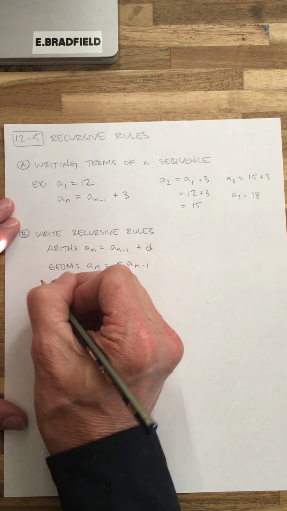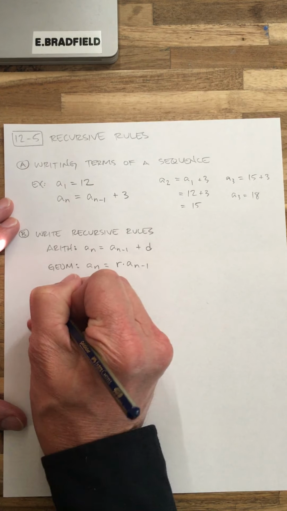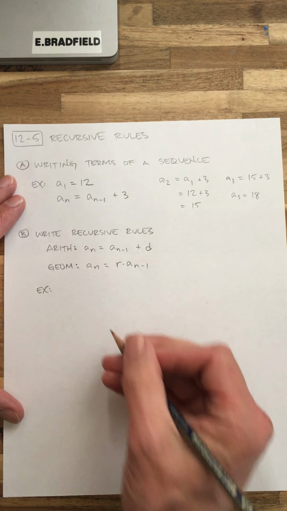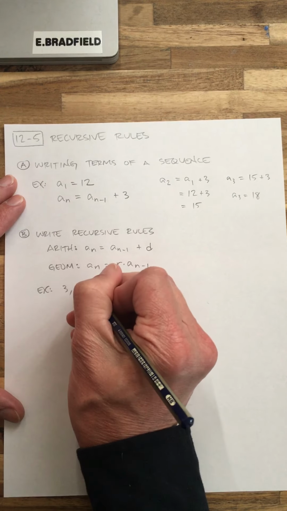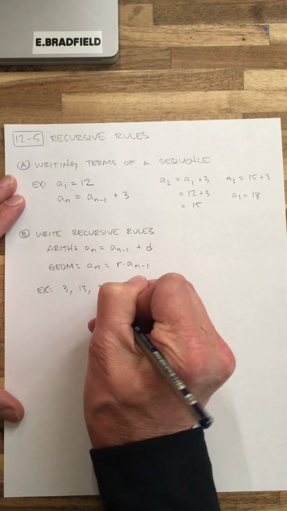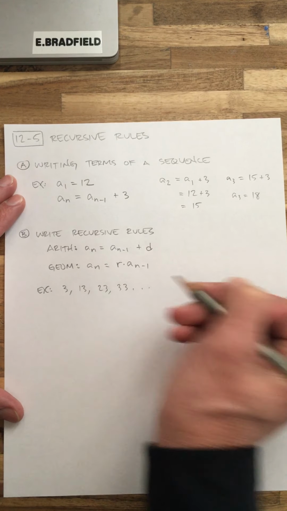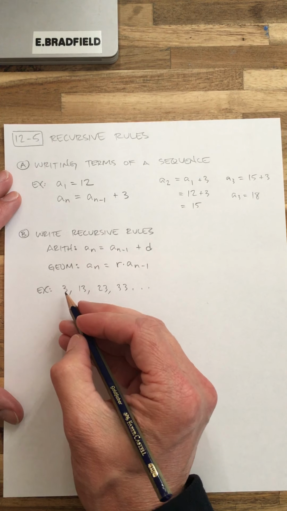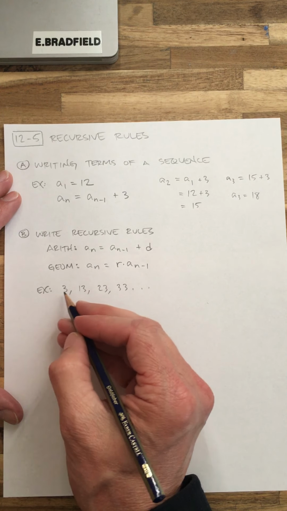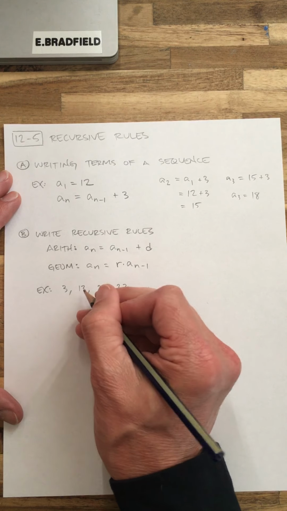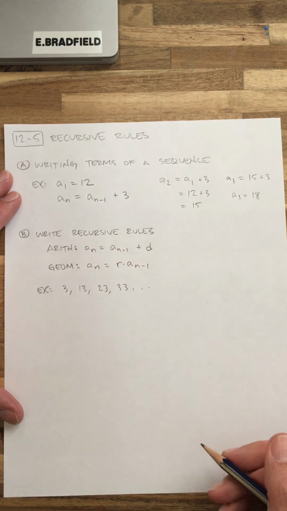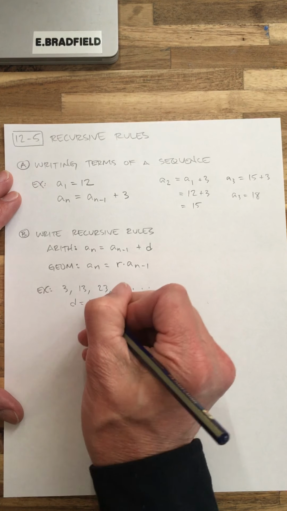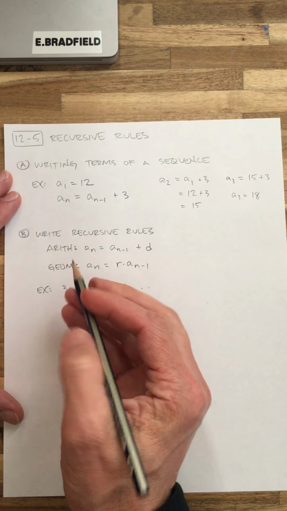All right, so here we go. I'll do 3 examples, maybe 4. We have 3, 13, 23, 33, and so on. If you notice, 13 minus 3 is 10, 23 minus 13 is 10, 33 minus 23 is 10. So it looks like our common difference is 10, so this is arithmetic.